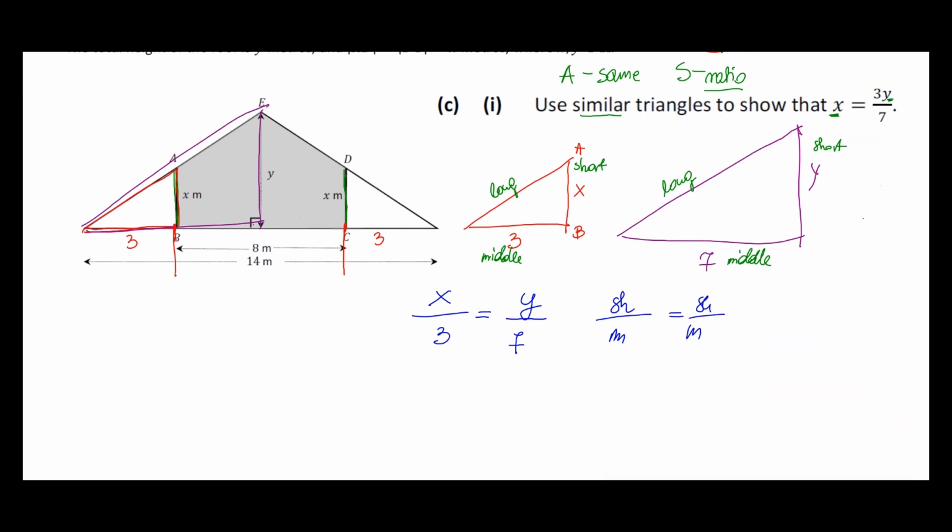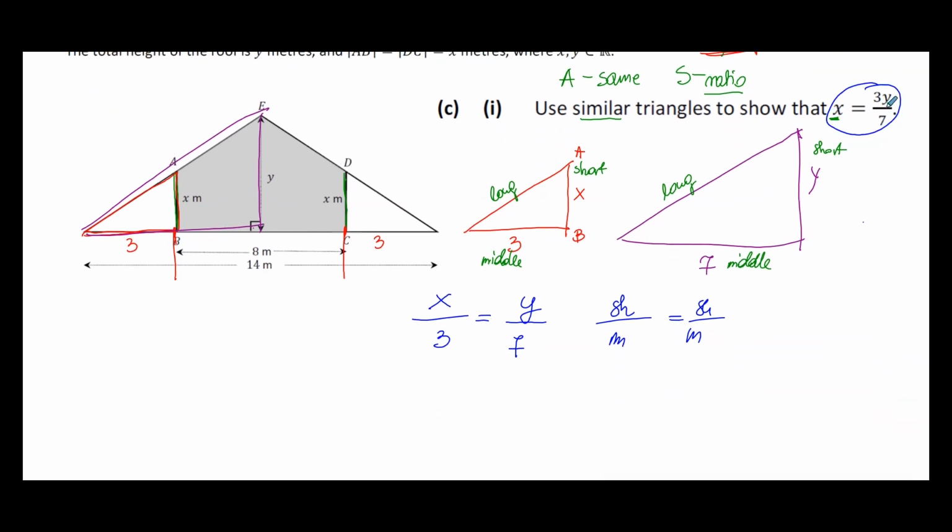Okay, so I have my equation built. How do I arrive at the answer? When I have a fraction equal to a fraction, I can either cross multiply it, or in this case, where am I going with my calculation? I want to have x on its own, not x divided by 3. How do I get rid of that division? We multiply.